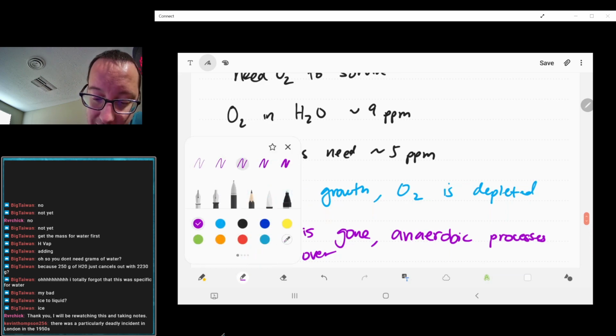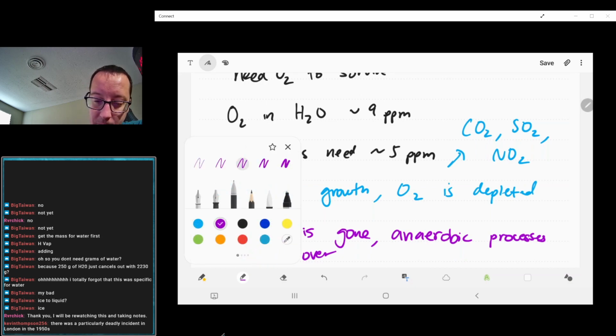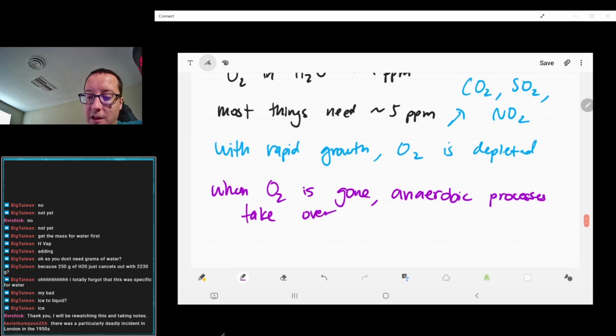If you have oxygen around, the products of growing, dividing and metabolism are things like carbon dioxide, sulfur dioxide, nitrogen dioxide. Pretty common byproducts of oxygen-rich metabolism. However, when we deplete our oxygen, we end up making things like this.